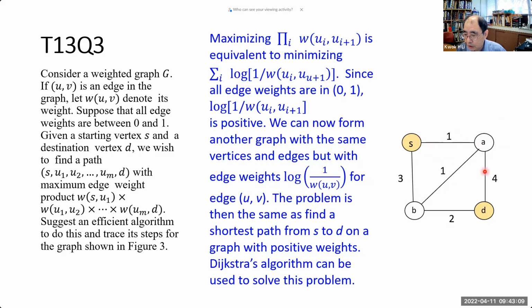1, and so on. Now, as you can see, once we do this simple transformation, 1 over the weight and take the log, the base is 2 here. So you can see that we transform the original graph in this particular manner.